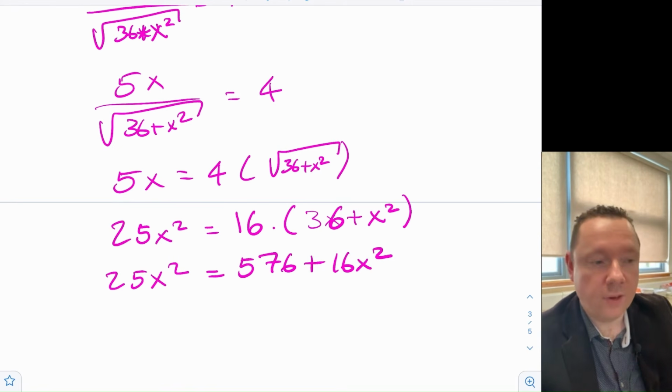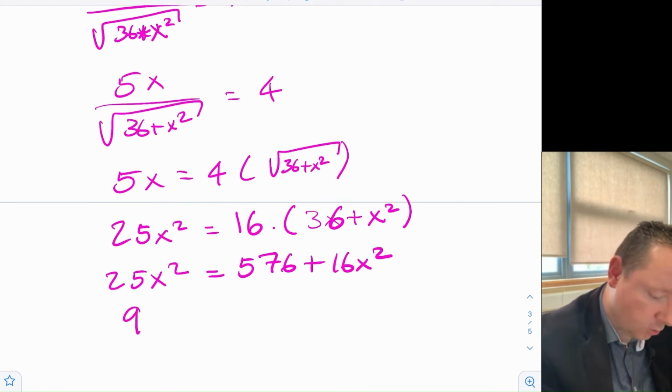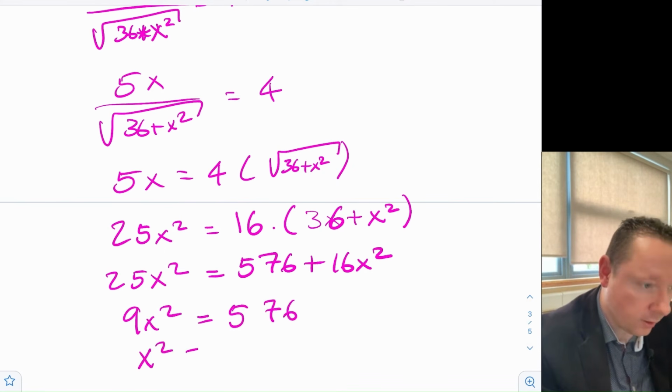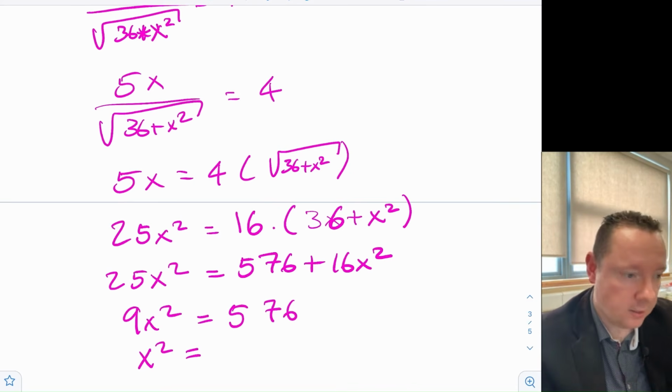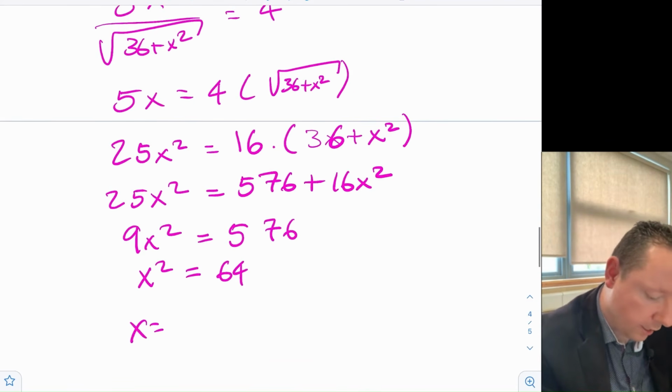Moving the x squared over to the other side, taking away 16, you get 9x squared is 576. So x squared, divided by 9, is 64. So x equals 8 or x equals minus 8.